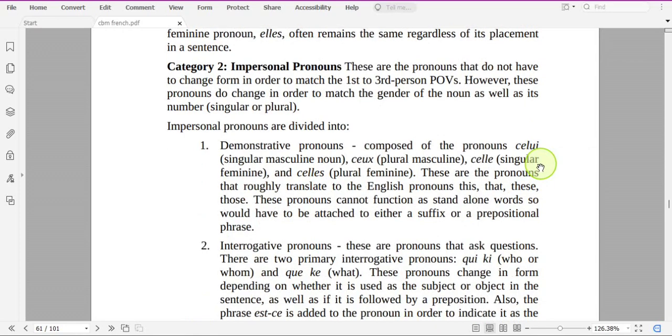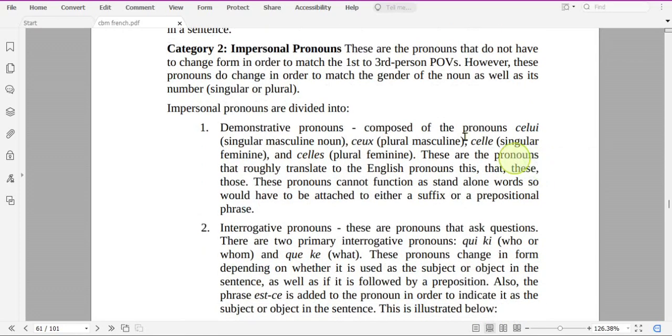Category 2: Impersonal pronouns. Demonstrative pronouns are composed of the pronouns celui, singular masculine; ceux, plural masculine; celle, singular feminine; and celles, plural feminine. These are the pronouns that roughly translate to the English pronouns this, that, these, those. Celui, masculine singular, right?